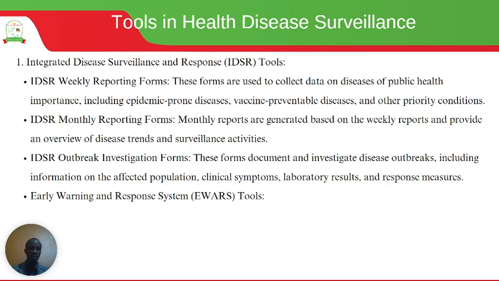So if you have your 4 weeks of reporting about malaria, now we want to use this monthly reporting form to make an average of the cases of malaria in that month. Okay, so we want to know how many cases of malaria, for example, have been in the month of May. So we use this monthly reporting form to do that.